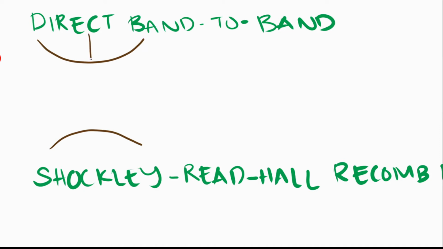This is k and E. So an electron from the conduction band recombines with a hole in the valence band. And as we can see here, it is direct. This has something to do with our k vector, or the wave number.